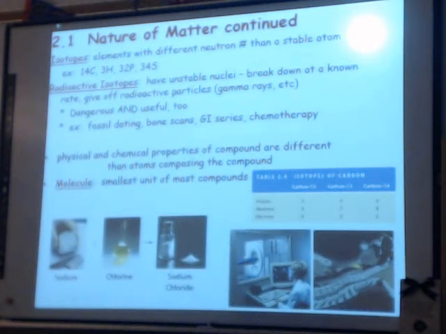Radioactive isotopes have unstable nuclei. They break down at a known rate, which is why we would give it to you to do different kinds of studies. And also why we give IV and PO contrast, because it does stay in your body for a little while.